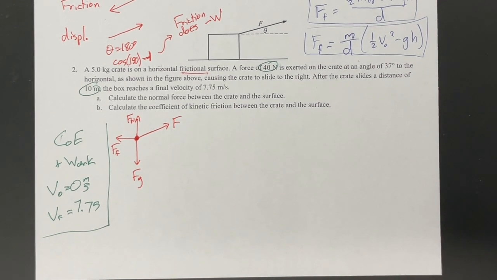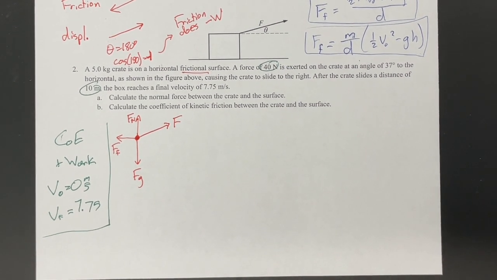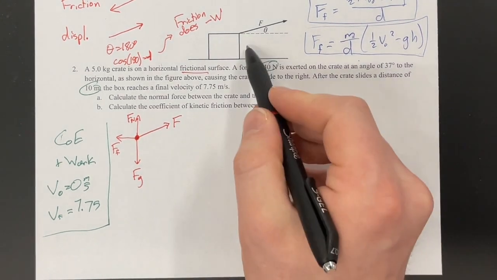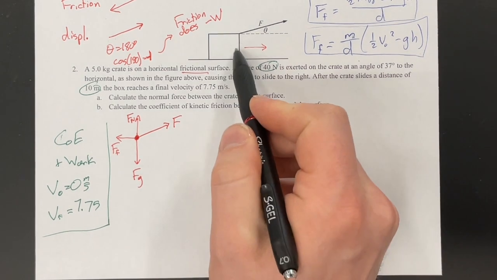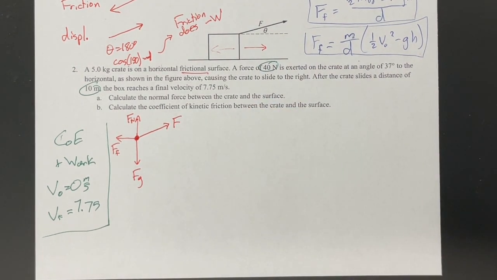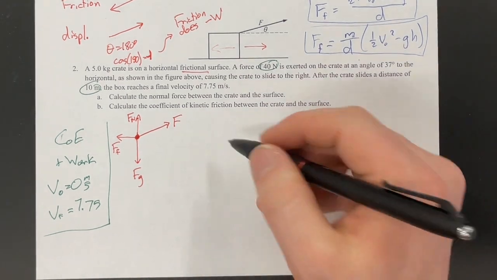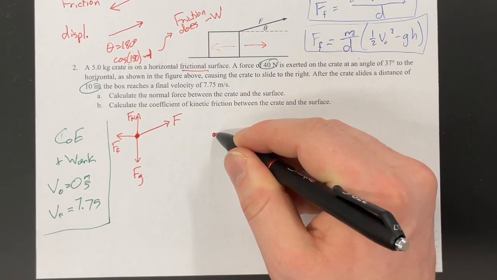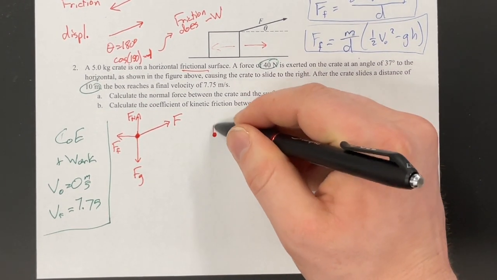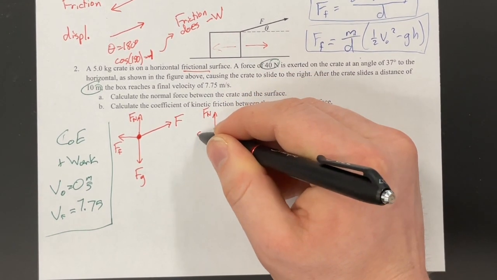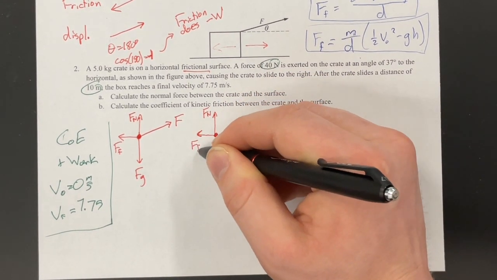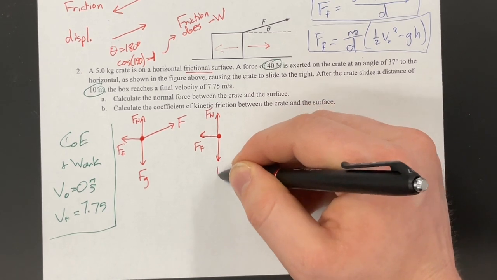Why is force of friction straight left instead of against our pull? It moves straight right, friction opposes sliding. But that free body diagram doesn't really help us out a whole ton, does it? So remember our process, keep everything that's straight along the axes.